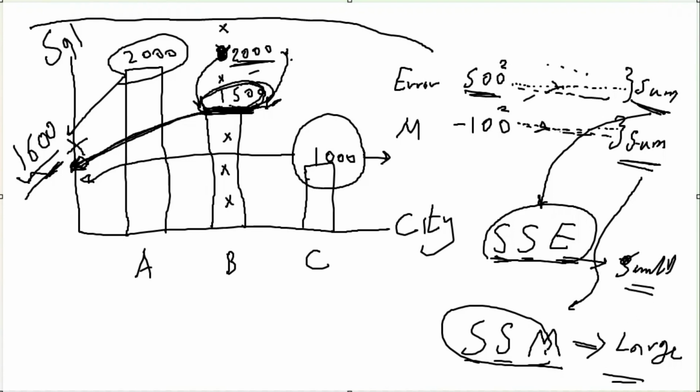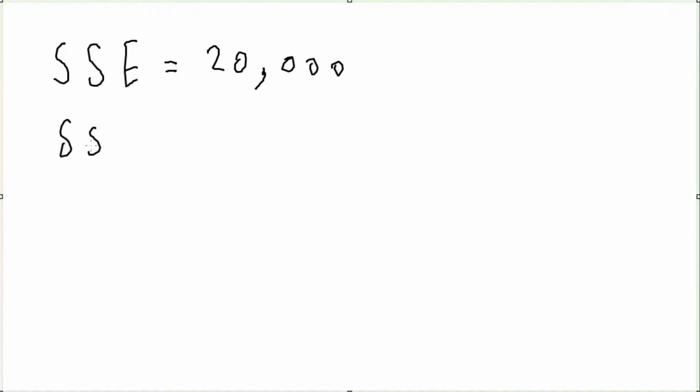Okay, let's create another page. We have the sum of squared errors, let's say 20,000, just as an example, and the sum of squared model, let's say it is 1,000.